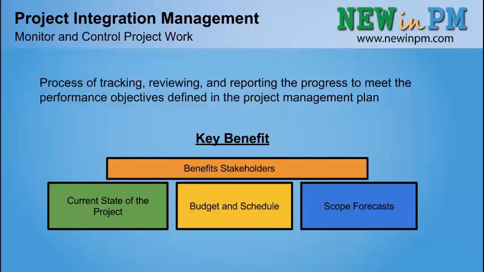The key benefit of monitor and control project work is that it lets stakeholders know the current state of the project, budget and schedule, and scope forecast. It also helps them know the steps taken in the project work.